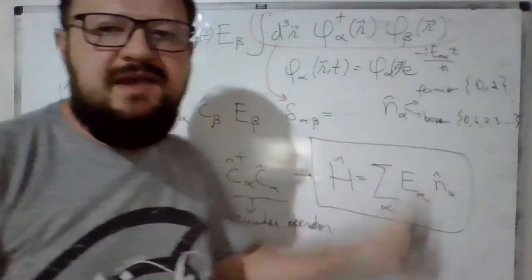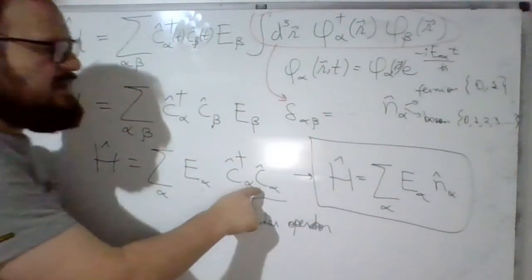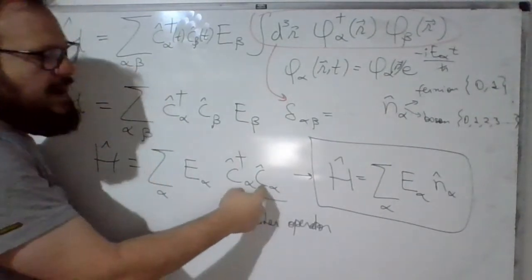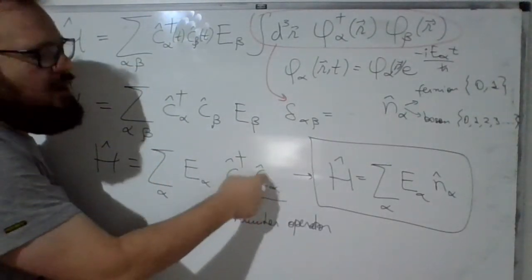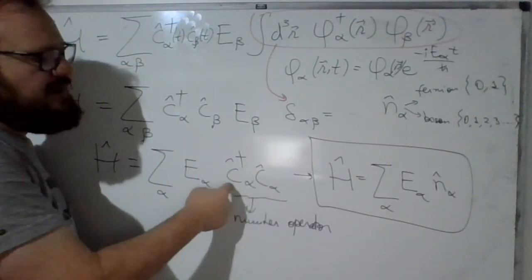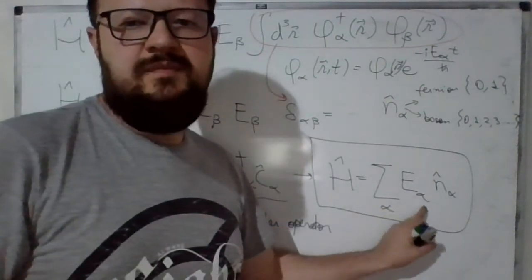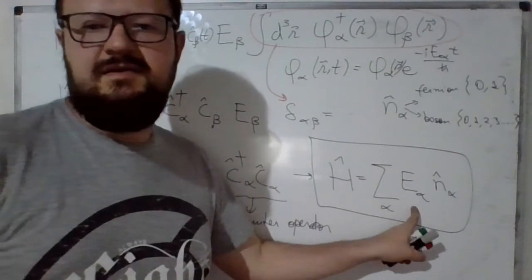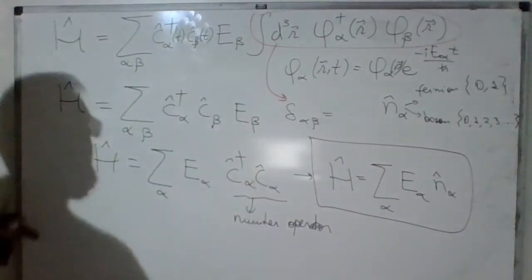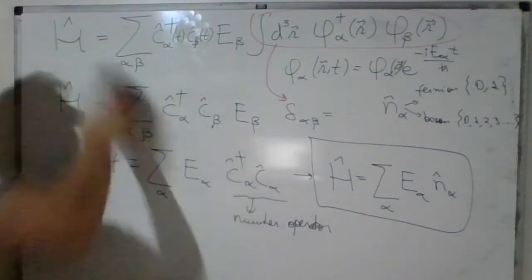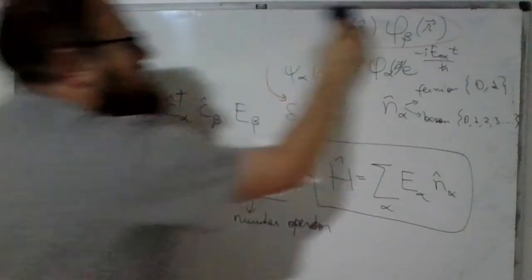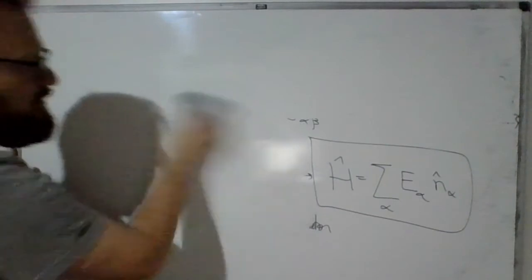You just replace the complex numbers by operators, creation and annihilation operators, and your Hamiltonian will become this object here. So this is a very useful way of dealing with problems, and this is the general argument.